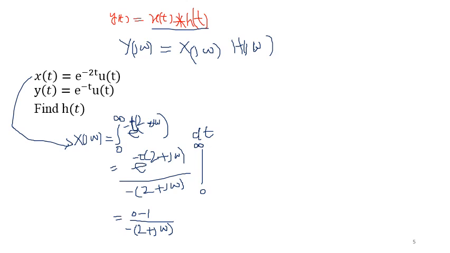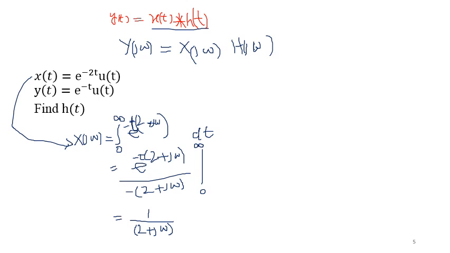This minus cancels with that minus, so you get 1 over (2 plus j omega). This is the Fourier transform of x of t. Similarly, the Fourier transform of y of t will be 1 over (1 plus j omega).